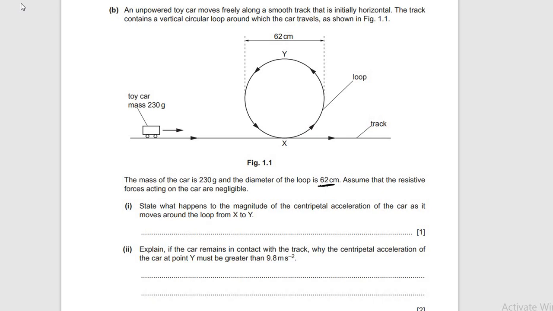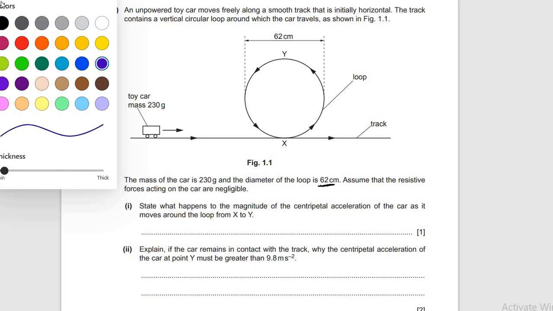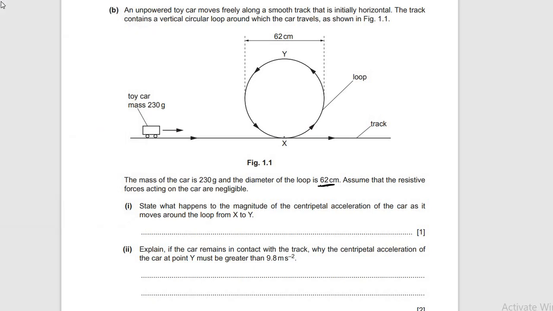As the car moves from x to y, it covers a full diameter. At x, the low level, we can say potential energy is 0. At y, the high level, it has gained a height of 0.62.